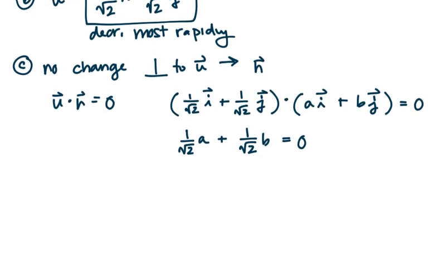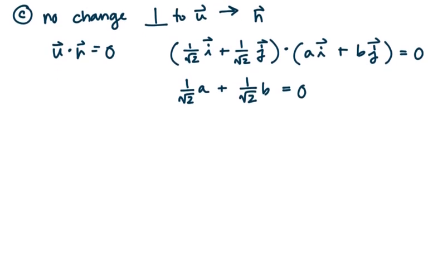So essentially, we just need to determine what a and b are equal to. Solving this equation, I have 1 over root 2 a equals negative 1 over root 2 b, or rather a equals negative b.